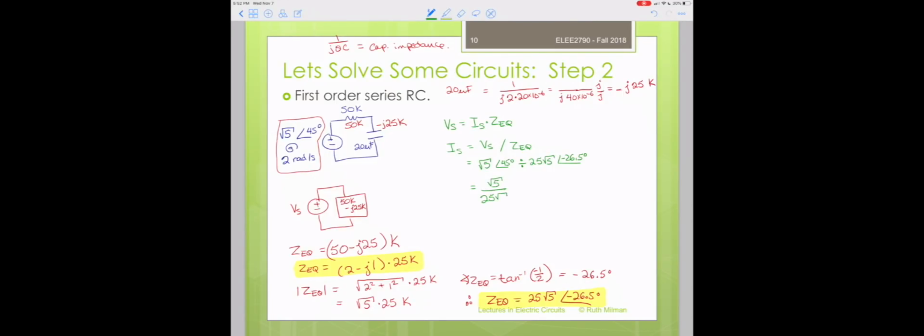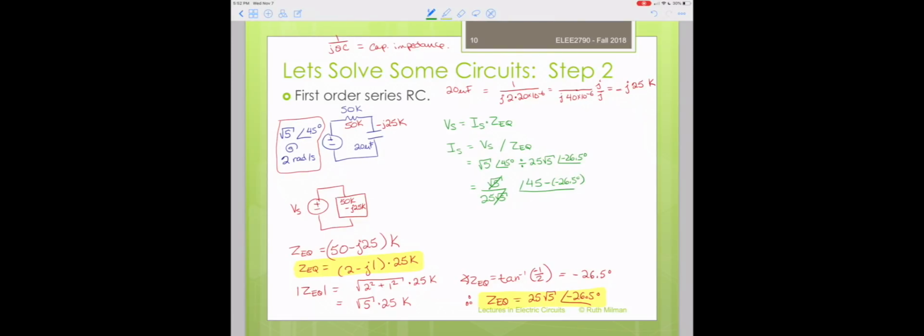25 root 5, and these two are going to cancel. And this is at an angle of 45, and remember that the minus 26.5 was on the bottom. If we move it to the top, then we're going to be subtracting it. 45 minus negative 26.5 degrees.